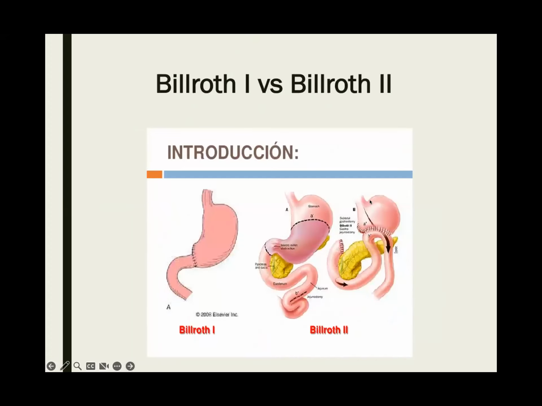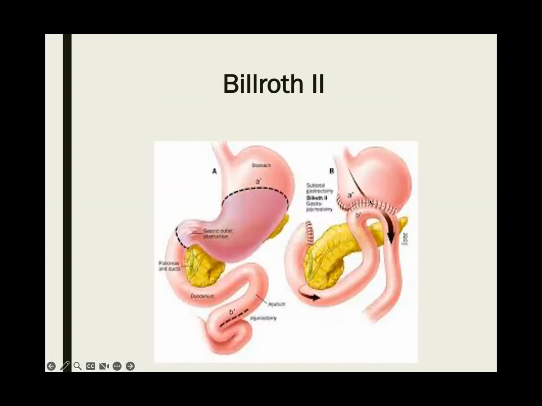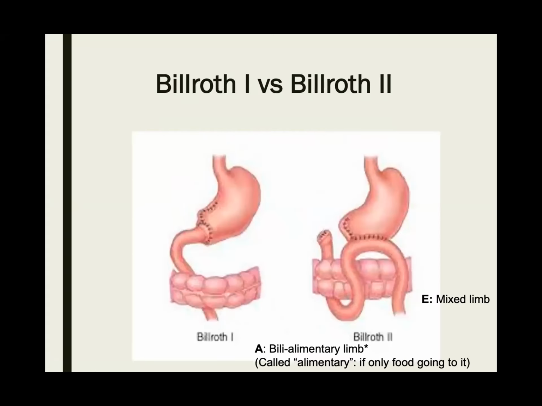So in Billroth 1 and Billroth 2, the difference is that the area of the stomach that we excise would be more with Billroth 2, okay? And also there would be an alimentary limb, which we also call the mixed limb, and the biliary limb as well, okay?